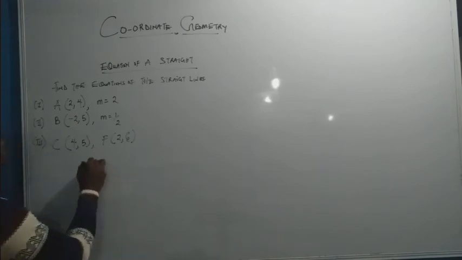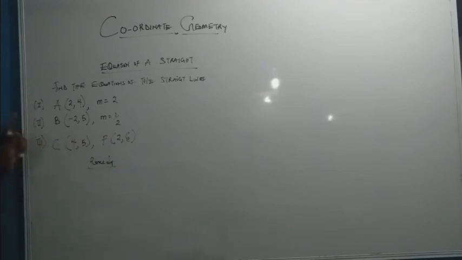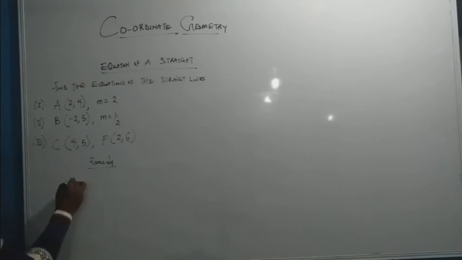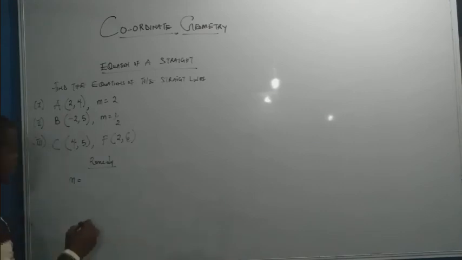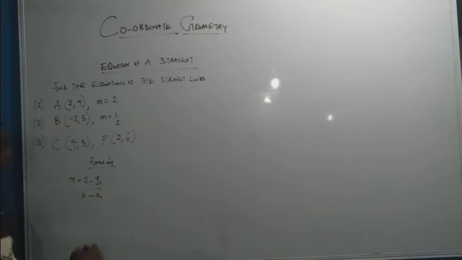So what do we do now? The first thing is there is a formula to apply. If you are given the point and the gradient, the formula to apply is this. You write m, which is your gradient, is equal to y minus y1 over x minus x1.